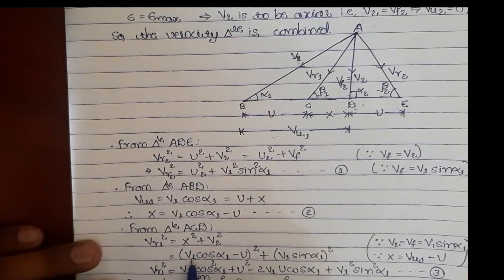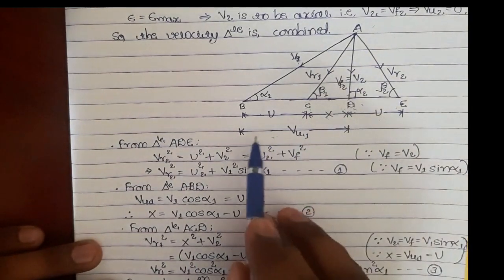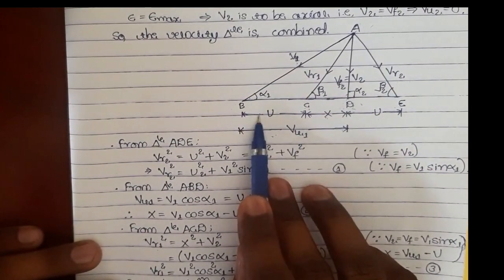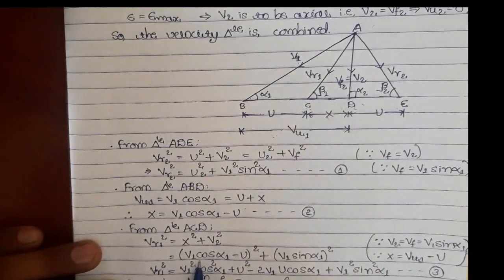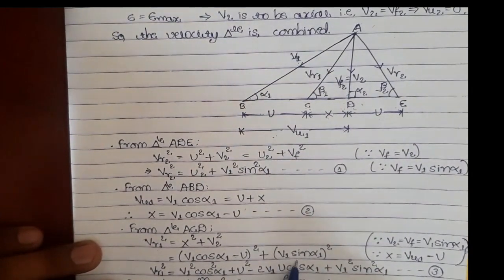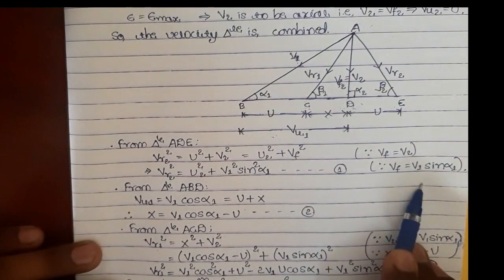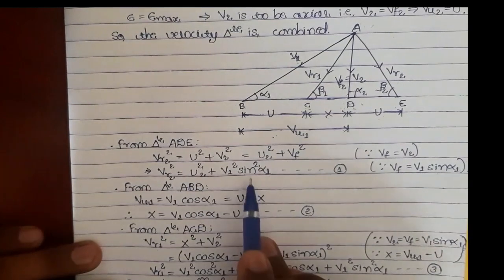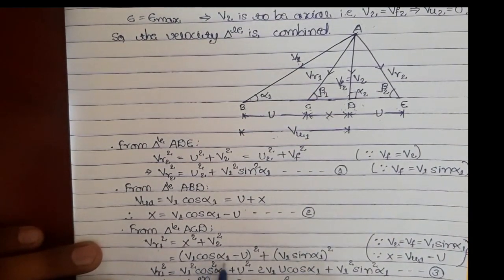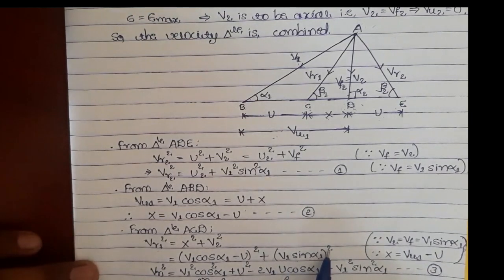X is V1 cos alpha 1 minus U, that is VU1 minus U. So VR1 square is equal to V1 cos alpha 1 minus U whole square plus V2 square. V2 is equal to Vf, and Vf is equal to V1 sin alpha 1, which we have found in the previous step. So VR1 square is equal to V1 cos alpha 1 minus U whole square plus V1 sin alpha 1 whole square.